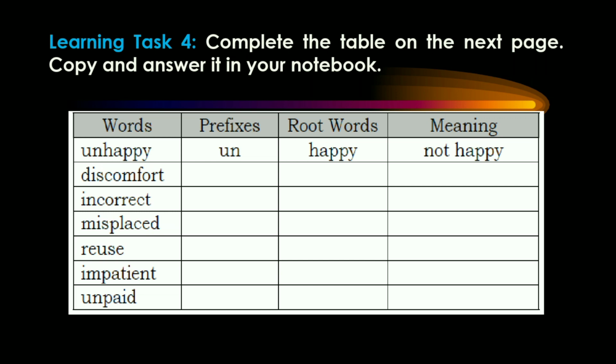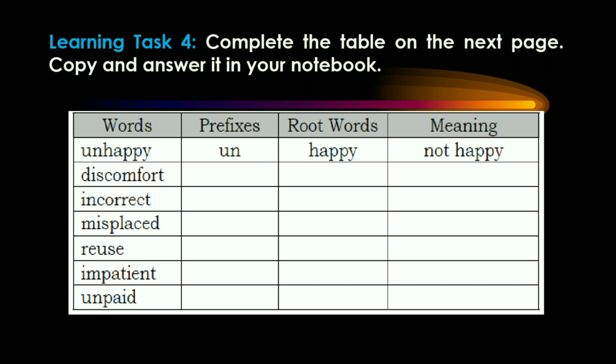So let's try learning task number 4. In this learning task, you are going to complete the table. We have here words, prefixes, root words, and meaning. So let's have the first example. Unhappy. The prefix of the word unhappy is un. The root word is happy. And the meaning, not happy. What about the word discomfort?